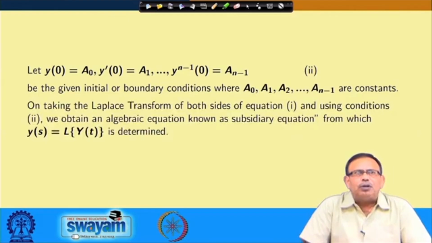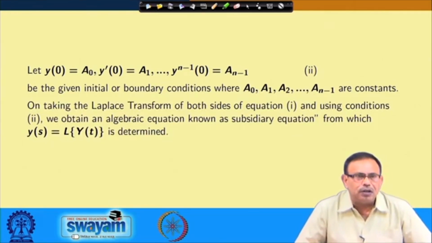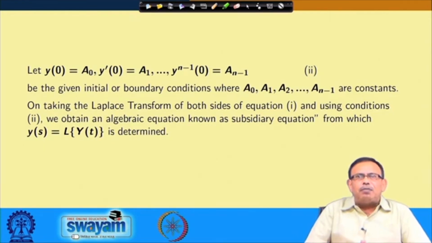What will we do? We will take the Laplace transform on both sides of the given equation 1, that is the ordinary differential equation, use the initial or boundary conditions 2, and using this we will obtain an algebraic equation known as the subsidiary equation.